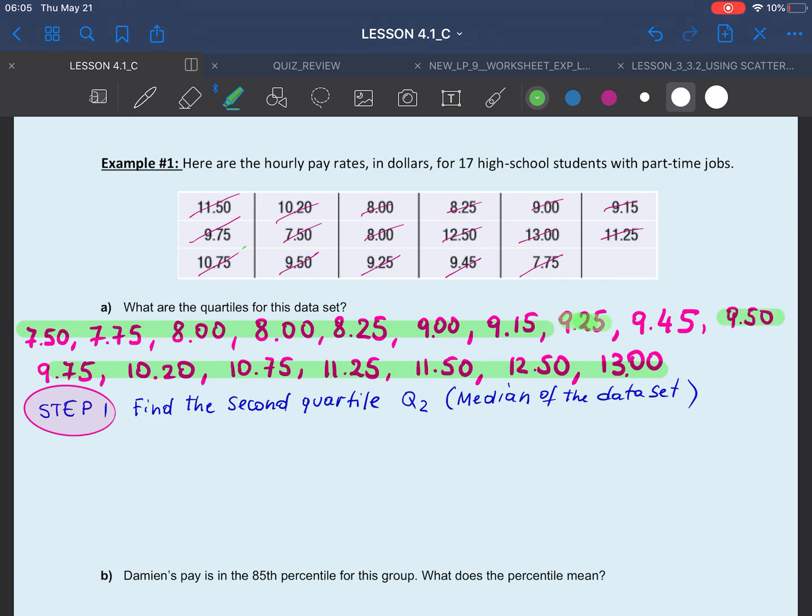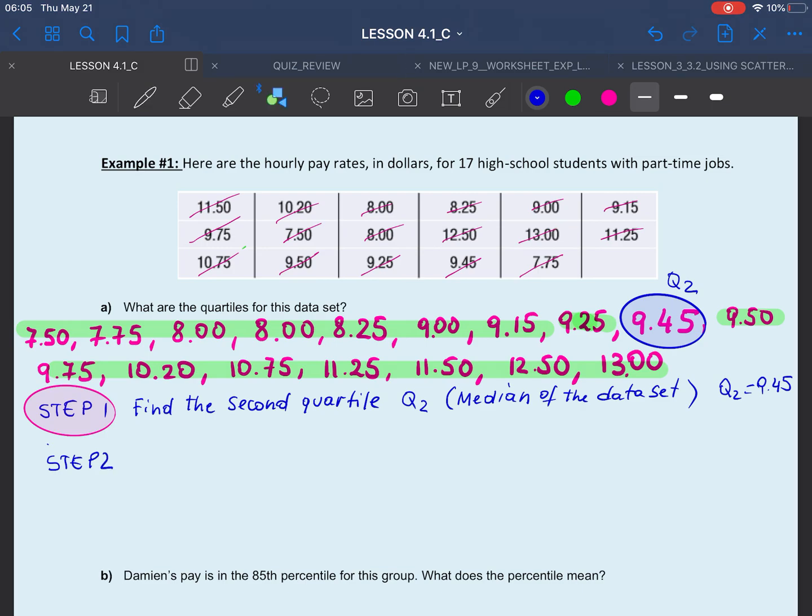I still have numbers left in here. And then I see I have 1 in here, 1 in here. And it seems that we have just located the median of the data set right here. That will make Q2. So we're going to say that Q2 equals 9.45.